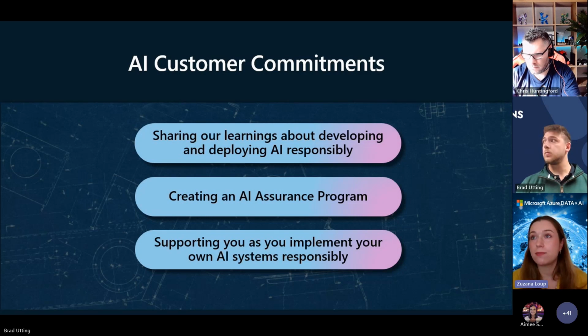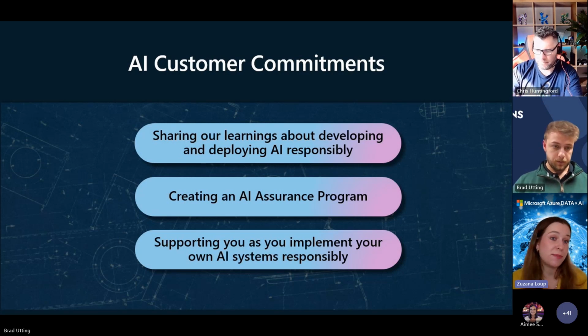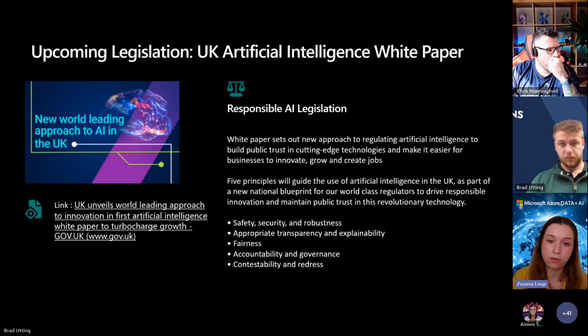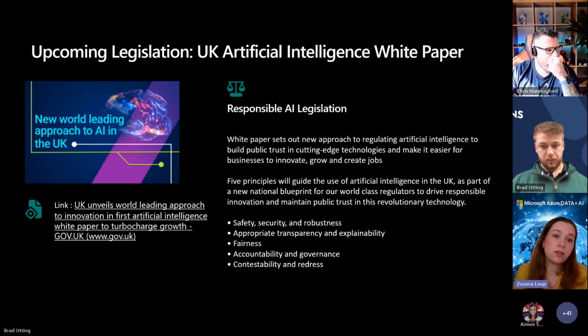And speaking about all of this, if we go to the next one, you may be wondering, well, what are the governments doing across the board? The UK government released the AI white paper. And if you look at the standards that it advises organizations to follow, those are very much aligned to our responsible AI standards as well.